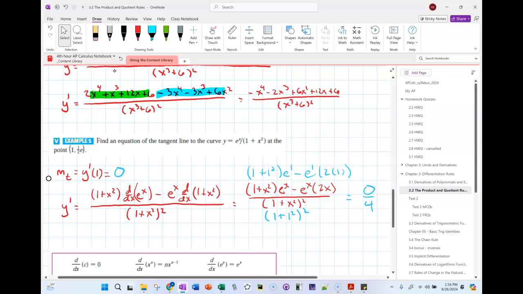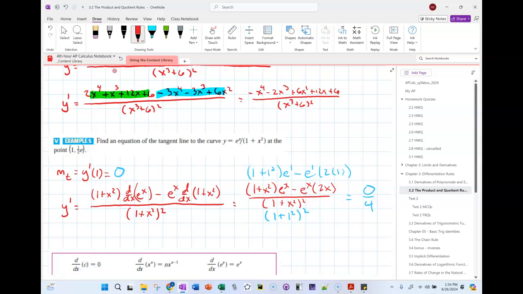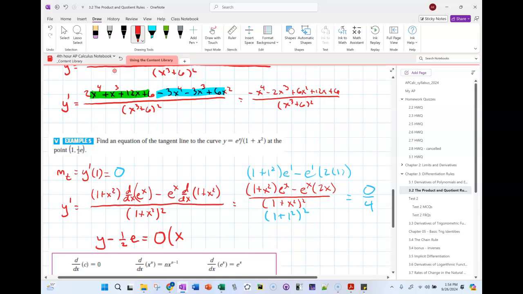Does that feel okay? So what's the equation for my line? Well, y minus y1 equals m times x minus x1, or just y equals 1/2 e.